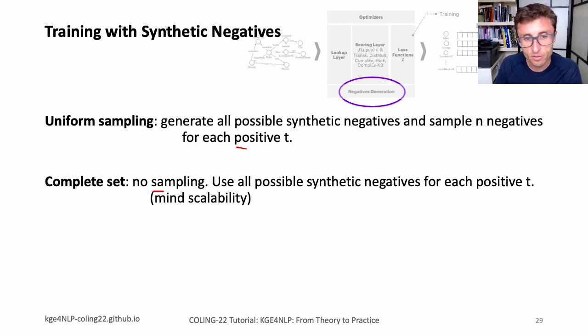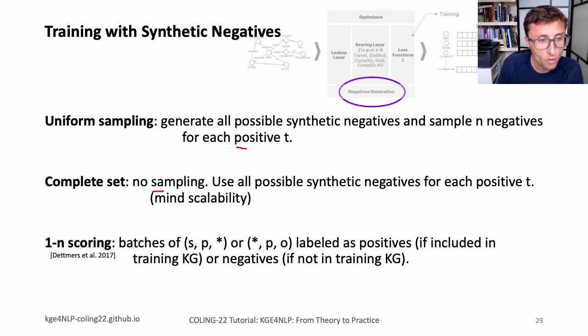Use all the possible synthetic negatives for each positive triple in the training set, but be careful because this may lead to quite a large training set, right? And so this will hamper the training time, and it's not necessarily a great benefit to predictive power, so one has to strike a bit of a trade-off on the number of synthetic negatives that are generated during training.